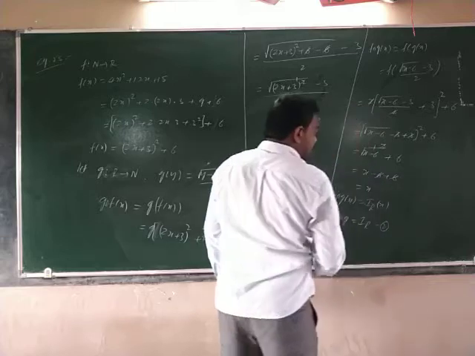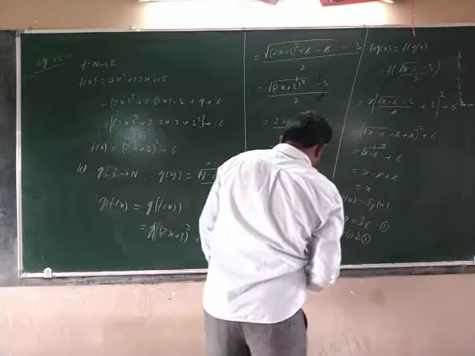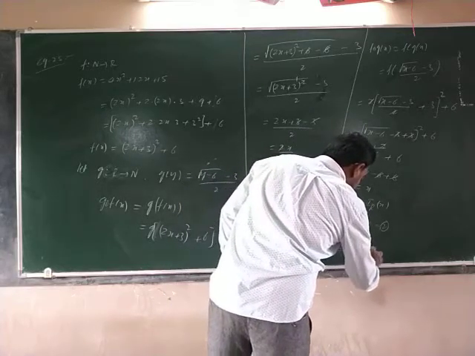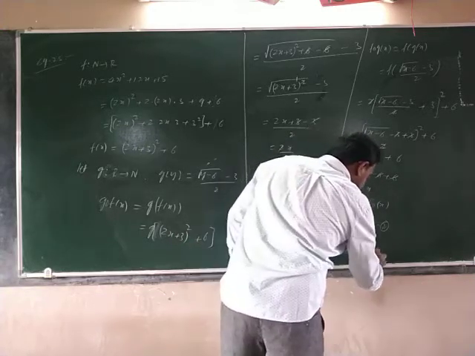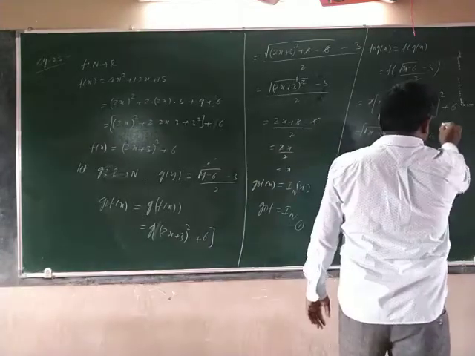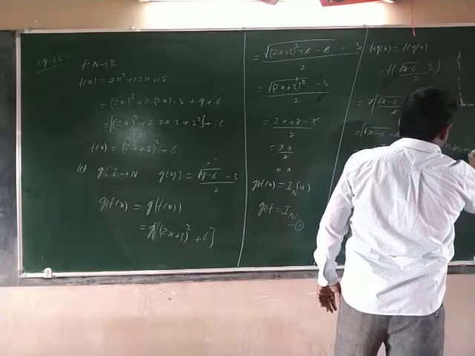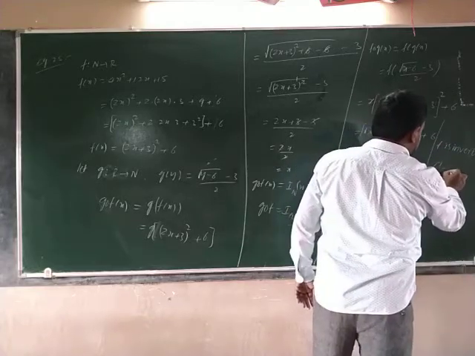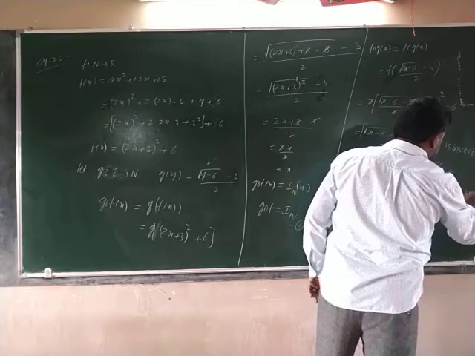You take as equation numbers 1 and 2: f circle g is equal to I_R and g circle f is equal to I_N. Therefore, f is invertible, and f inverse is equal to g. f inverse of x is equal to g of x.